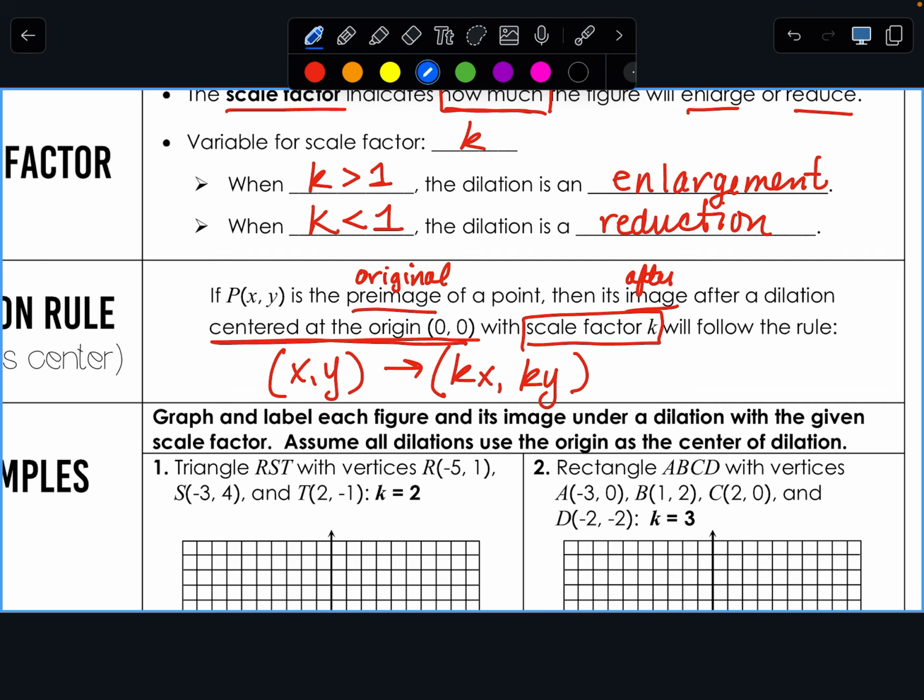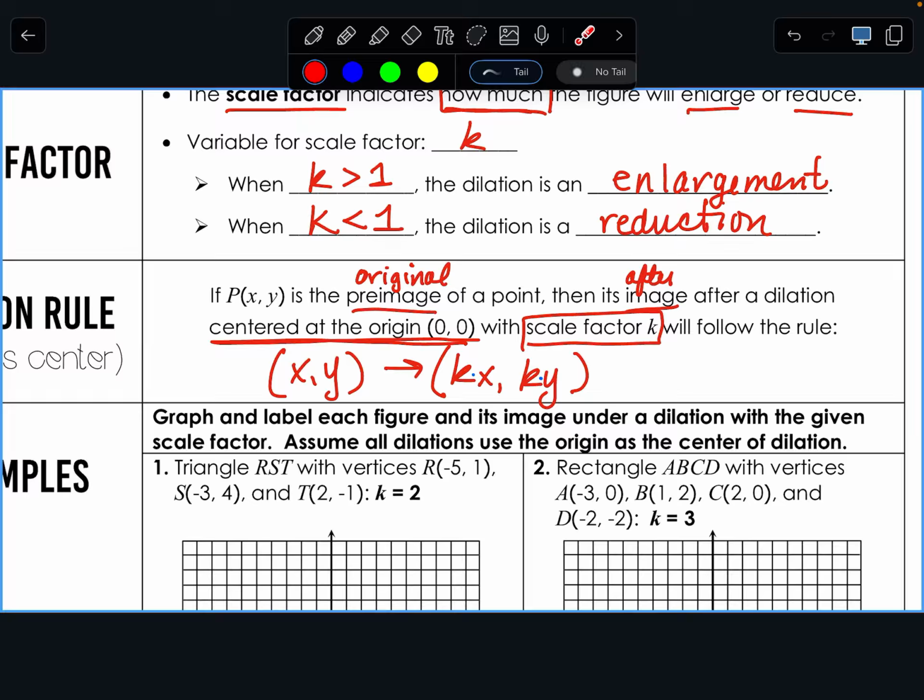Now don't forget, there's an invisible multiplication between the k and the x and the k and the y. Kx means k times x. Ky means k times y. So all we're going to do is take whatever original coordinates were given and multiply both pieces by k. That's it.